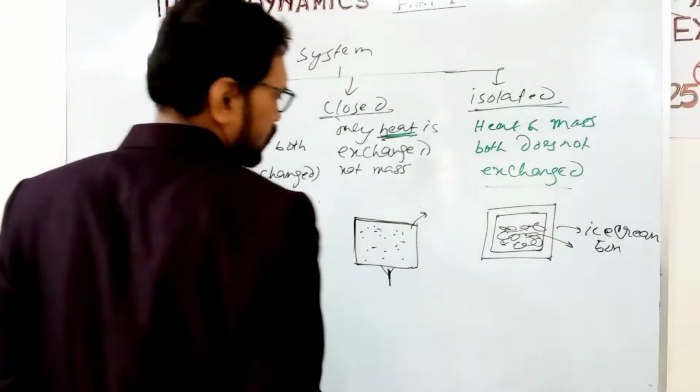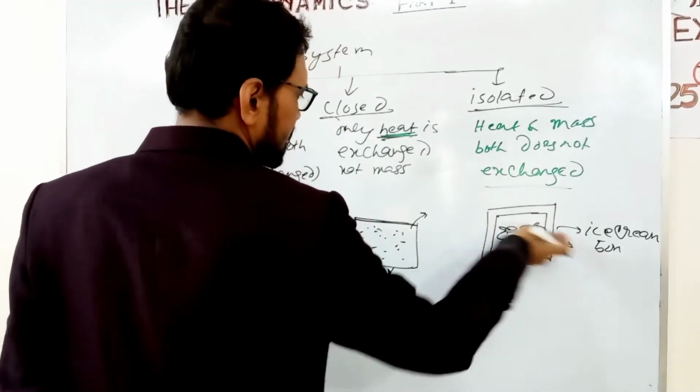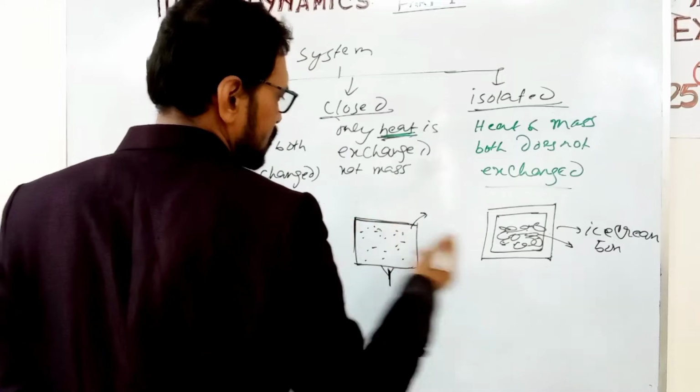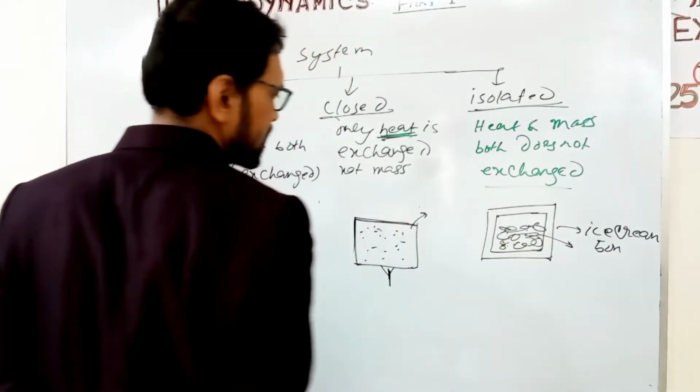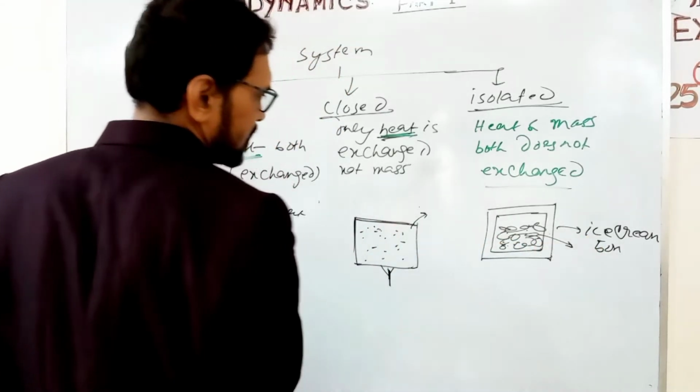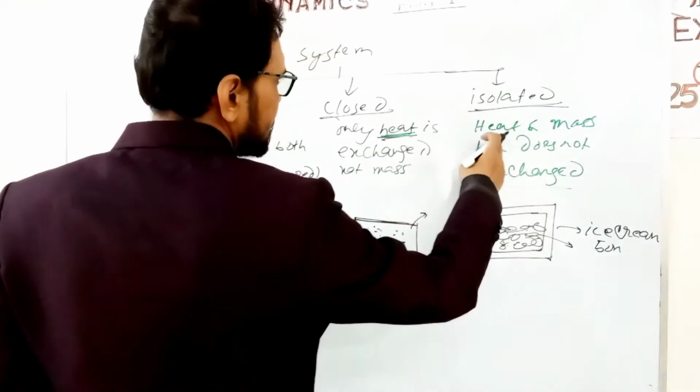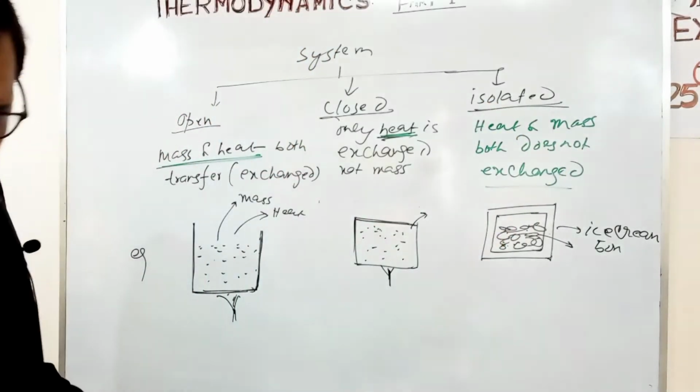No heat goes from inside to outside, or enters from outside to inside, and also the mass remains constant. That is, the ice cream box is an example of an isolated system, where heat and mass both are not exchanged.